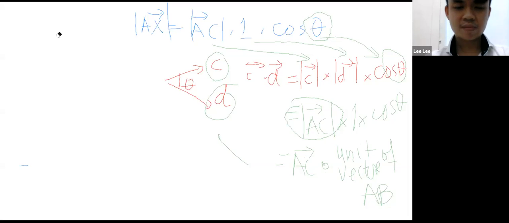Length of C times length of D times cos theta, or C dot D, they are equal, so it's up to you which one you take. Do you understand what I'm saying? Length of C times length of D times cos theta is the same as C dot D.